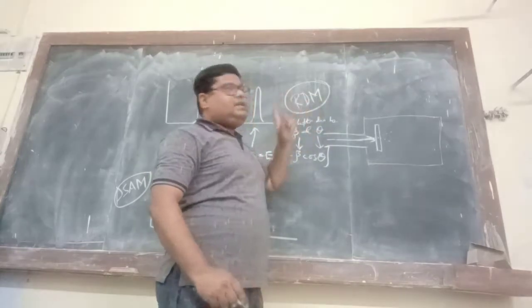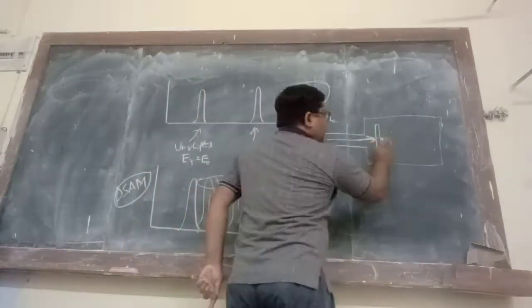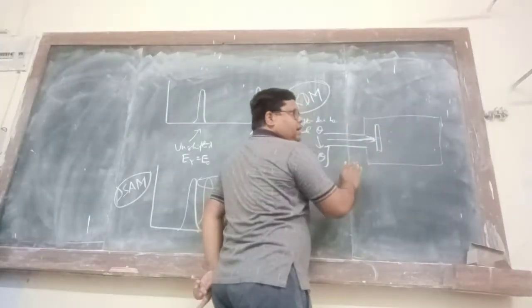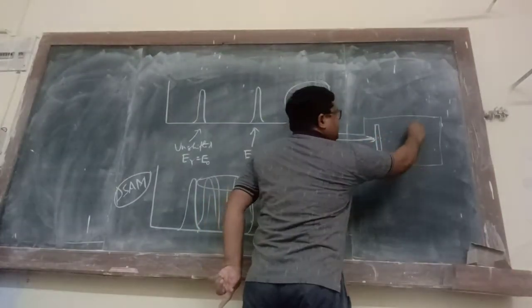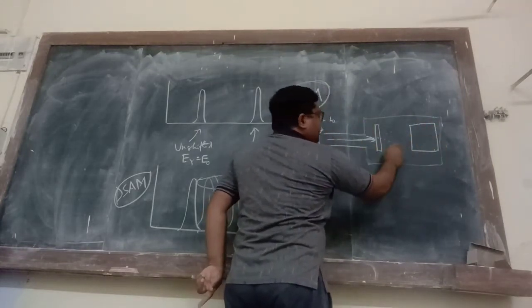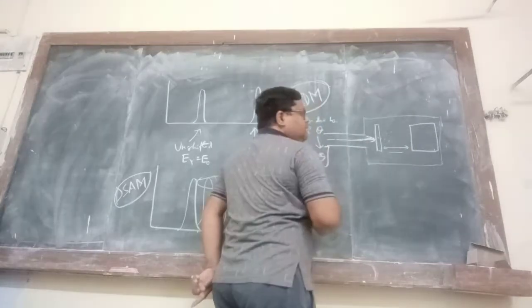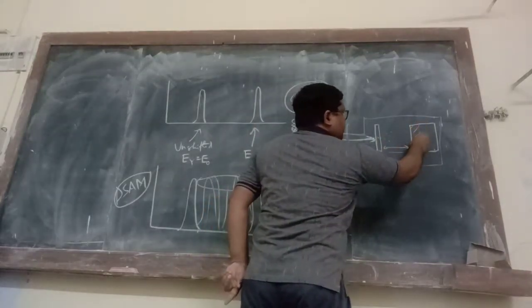Now in the recoil distance method, what we do is the following. We allow the recoiling nuclei to move in vacuum, and after some time there is a thick metal plunger. So they move over here and this distance is d, say, and after that they are stopped in this metal plunger.